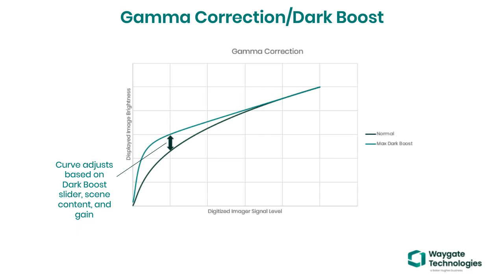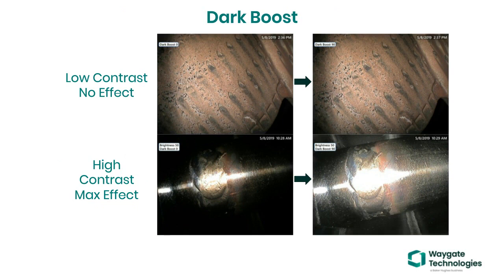Notice in the top image, a low contrast scene, the image is not changing with nominal brightness and Dark Boost settings of 0 and 90. In this case, Dark Boost has little effect on the scene. Remember the lines on the right side of the graph on the previous slide. The high contrast scene in the lower image set shows a constant brightness level, but with Dark Boost set at 0 in the left image and 90 in the right image, we see a very apparent difference.